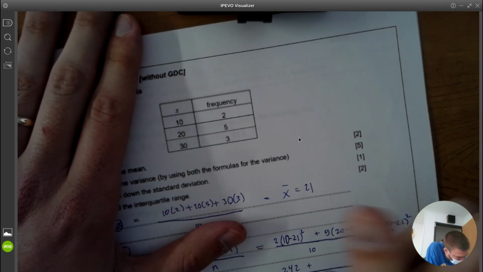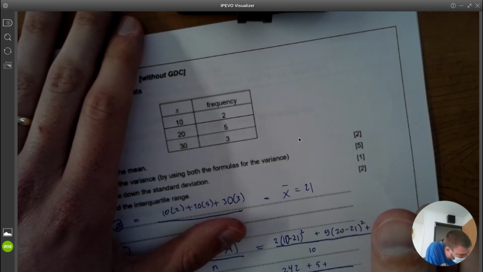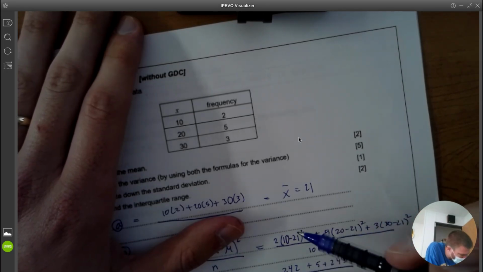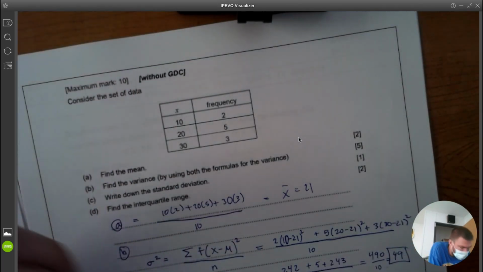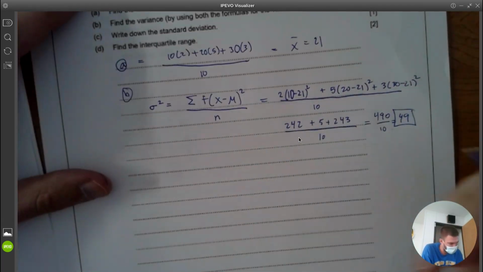That's 1 squared is 1 times 5. 9 squared is 81 times 3, 243. That looks nice. 240 is 480, plus 2 plus 3 makes 5 plus 5 makes 10, 490. There's a good chance that ain't right, but I think it's good.